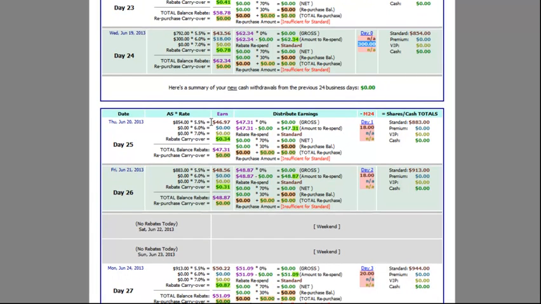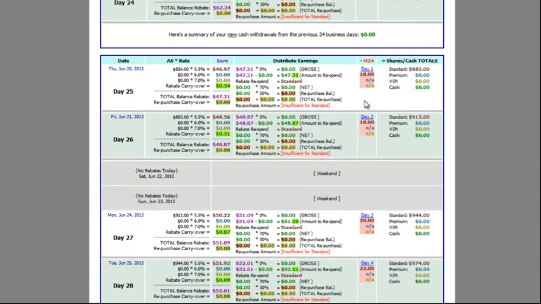Now, as we keep growing, we see we're not growing at the pace that we were before because we only have a standard plan working for us as opposed to a standard plus the original premium. But the standard is still doing a good job of making us some money. We're just not growing at such a fast pace. We went from 40 to 43, but now we're going to grow at a slightly slower pace, but we're still going to grow.